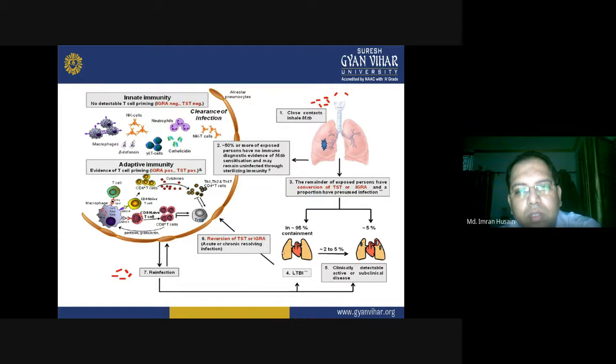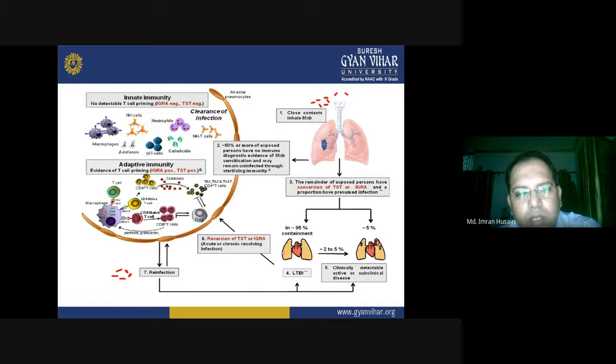Up to 50% of exposed persons have no immunodiagnostic evidence of Mycobacterium tuberculosis sensitization, and may remain uninfected through sterilizing immunity. All this elaboration is taking place under the alveolar pneumocytes.